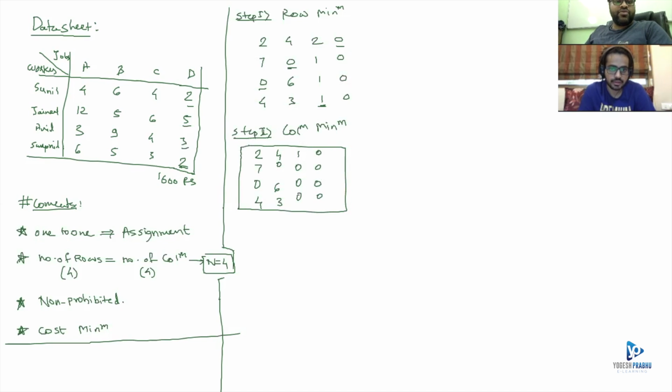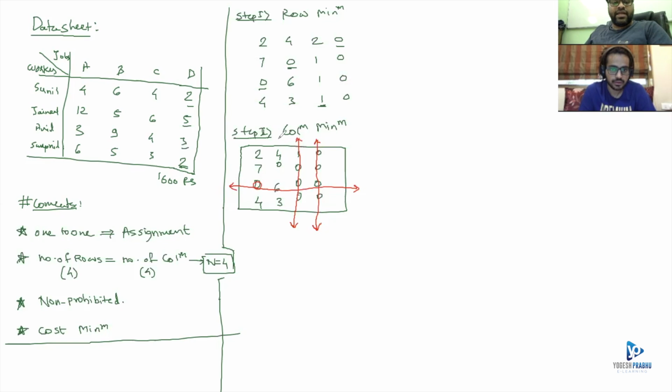So now next we have to draw lines to cover 0. Cover maximum zeros you can. First line, third column, and you can do this line. Then second and first. You can do horizontal or vertical.